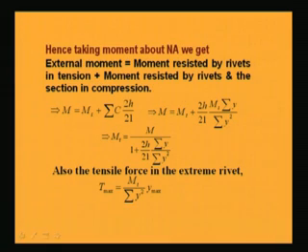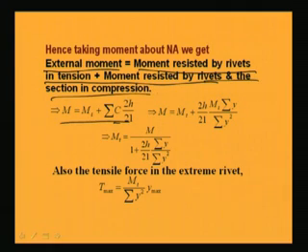With this we can find out the total moment, that means the external moment we can put in equilibrium as the moment resisted by rivets in tension plus the moment resisted by the section in compression. So, the total moment we have summed here. From this I can find out M_T, the total moment due to tension.